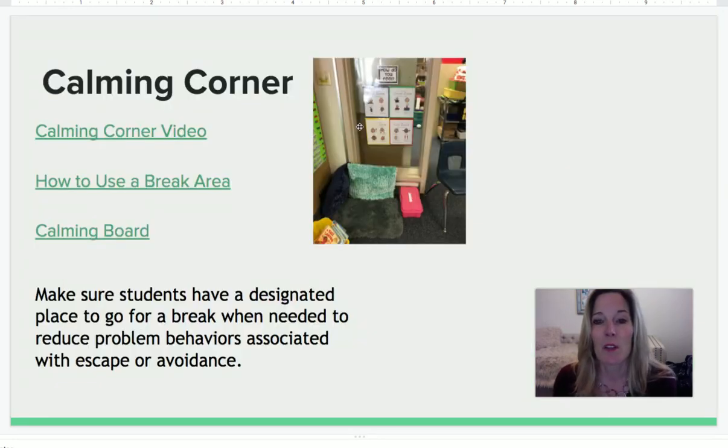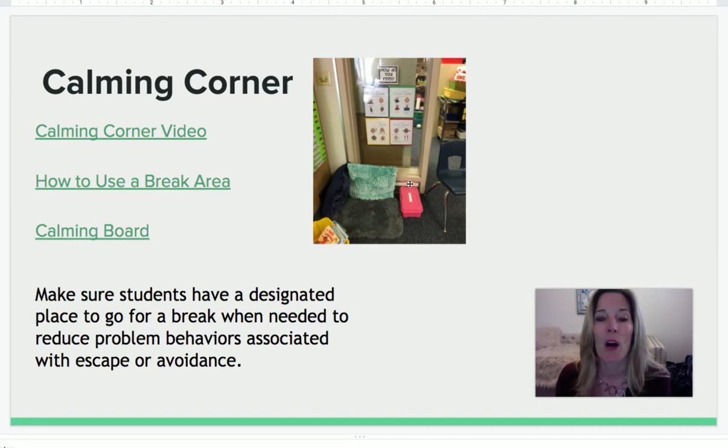So here's a little example of a calming corner. And you'll see there's visuals about the zones of regulation. How are people feeling? Am I in the blue zone, in the green zone, the yellow zone, the red zone? It's a comfy area. There's books, there's activities.